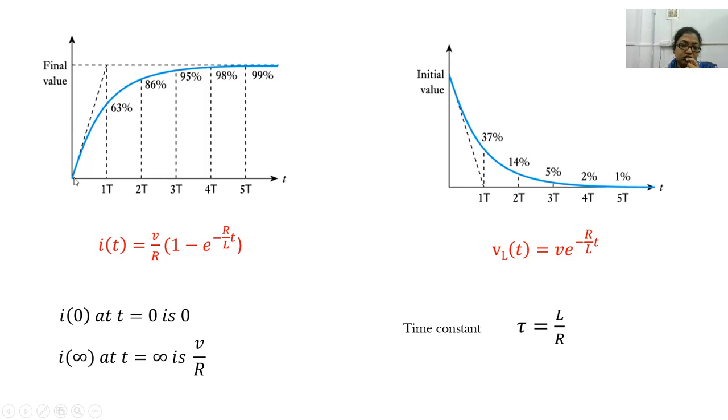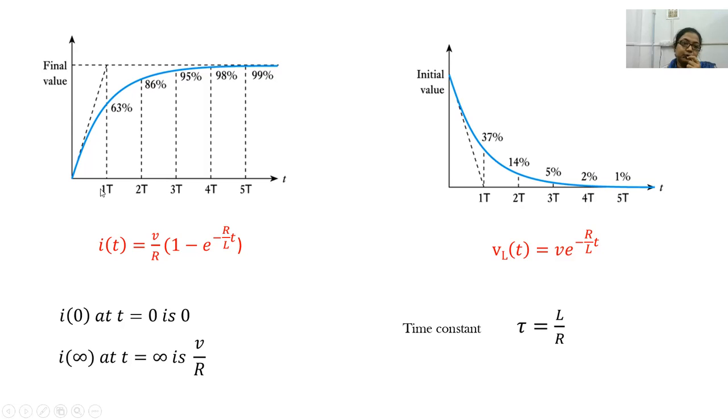Initially current is 0. After that, as there is an e to the power term, it will follow an exponential graph and then reach its maximum current, V by R, and V by R is a constant value. So this curve can increase up to V by R, not more than that.